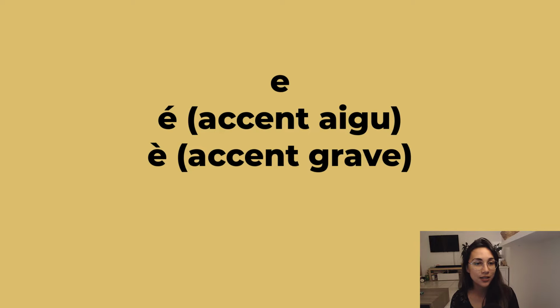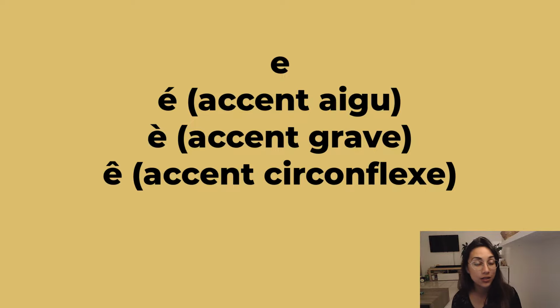The second vowel we are going to see is the vowel E. And here we have different accents. We have l'accent aigu, é. L'accent grave, the deeper accent, è. L'accent circonflexe, so once again the hat above the letter, ê. So the same pronunciation as the accent grave, the deeper accent, è.